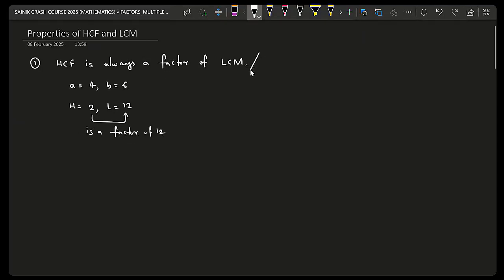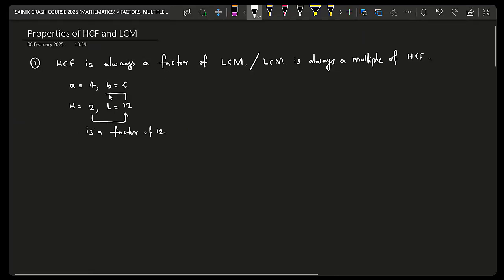The same property in reverse order: LCM is always a multiple of HCF. For any two or more numbers, you take HCF and LCM, LCM is always a multiple of HCF.